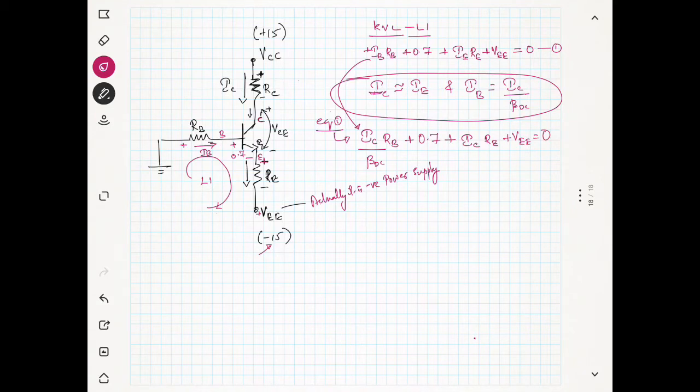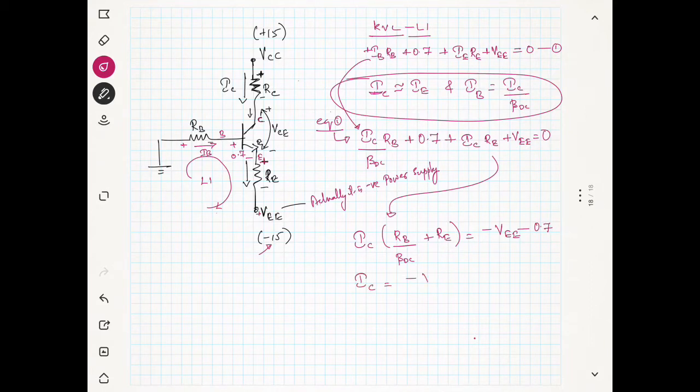Now by using this equation, we can rewrite it as follows: IC into (RB divided by beta DC plus RE) is equal to minus VEE minus 0.7, right? So what is IC?